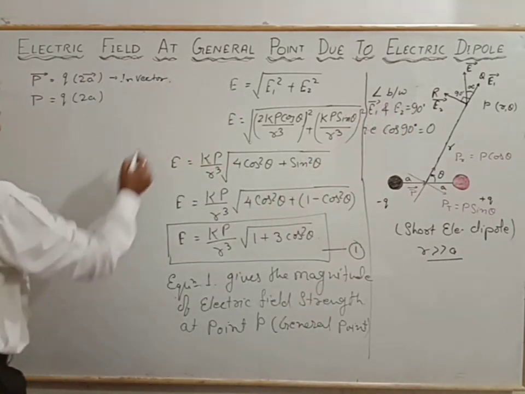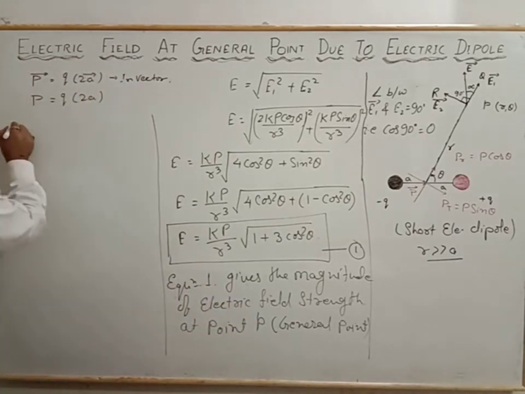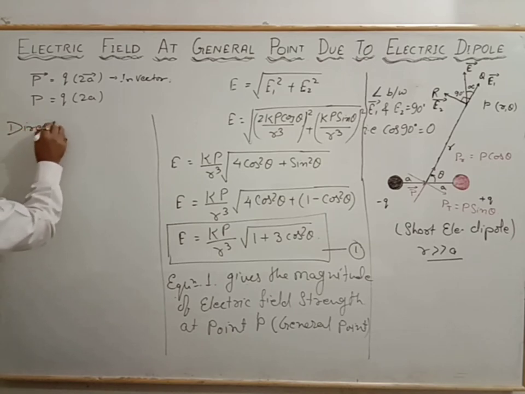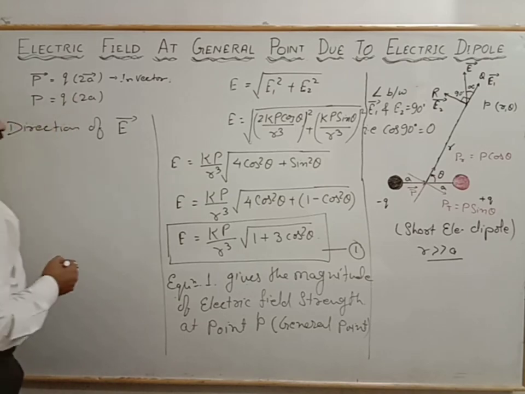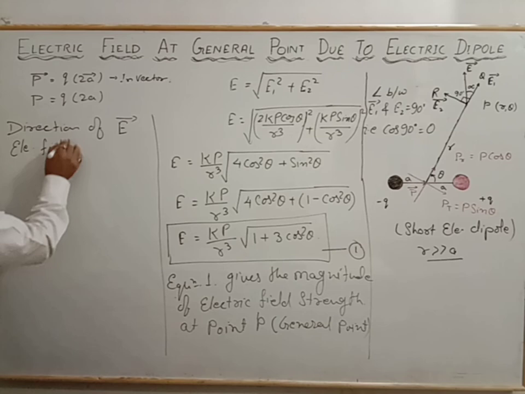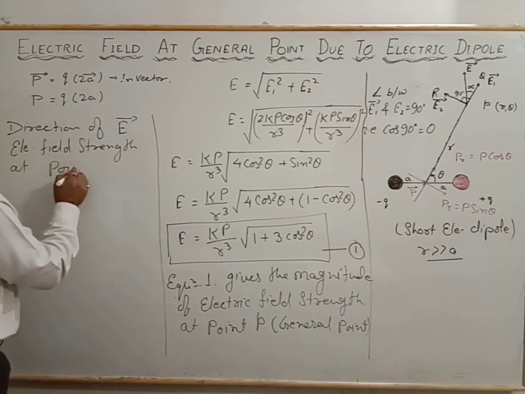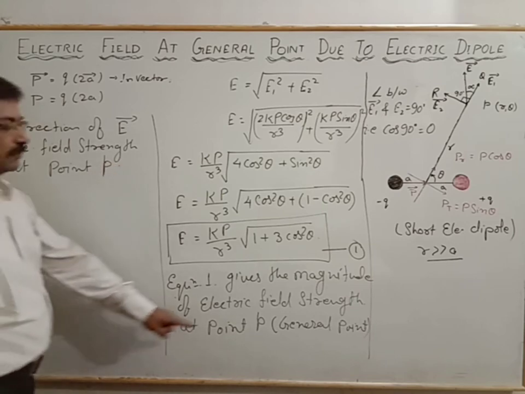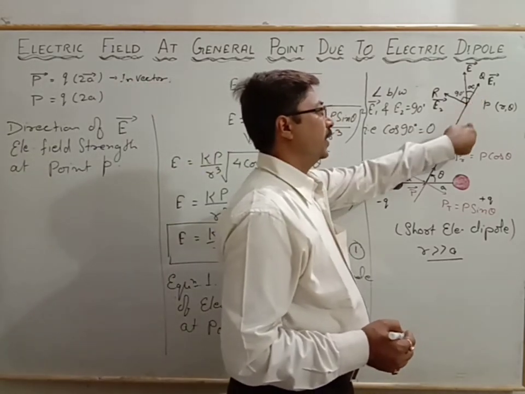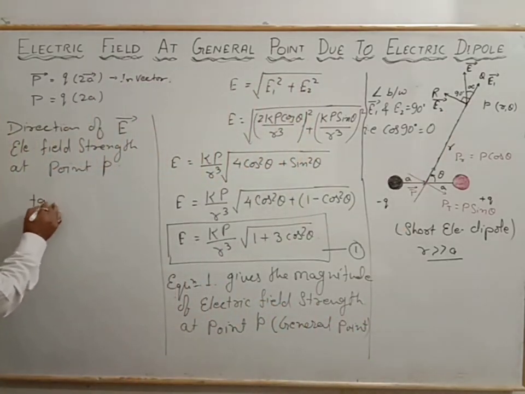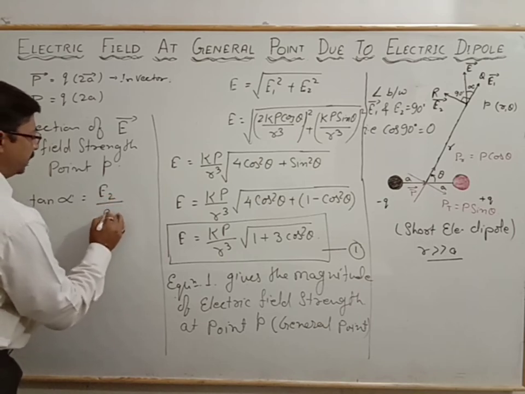Now for the direction of the E vector, that is the electric field strength at point P, the general point which we consider here, the angle is alpha from the baseline. So tan alpha is equal to E2 by E1.